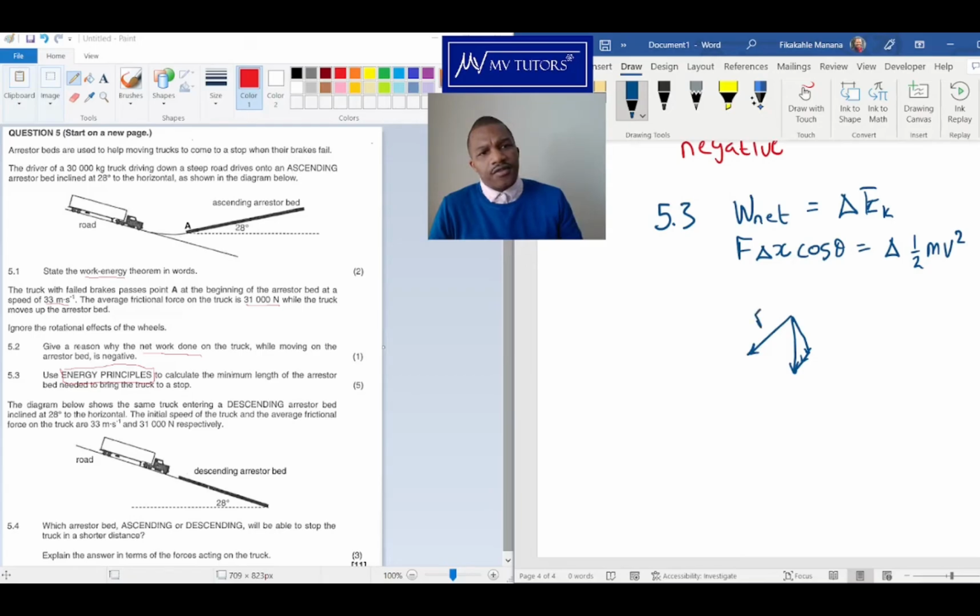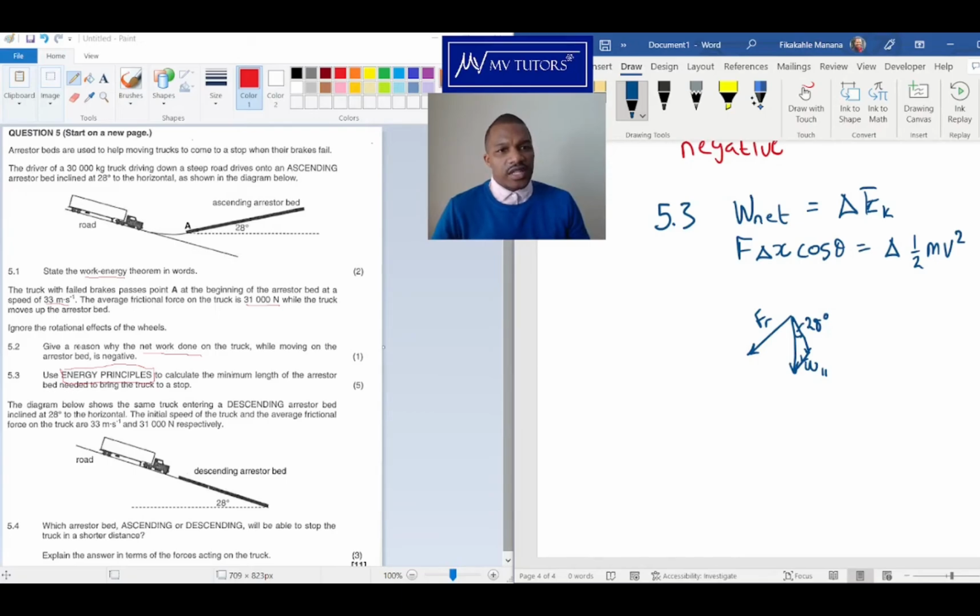I just want to write down the relevant ones. The parallel, and then we've got 28 degrees right there. Just a small diagram.